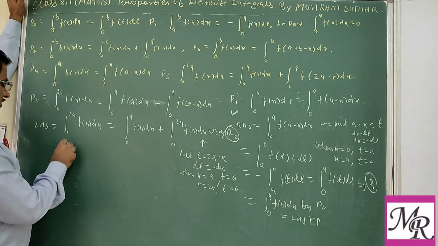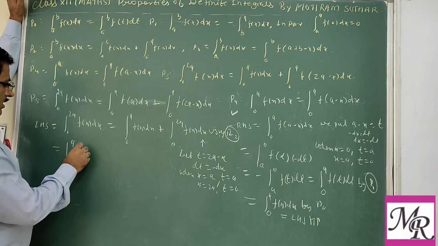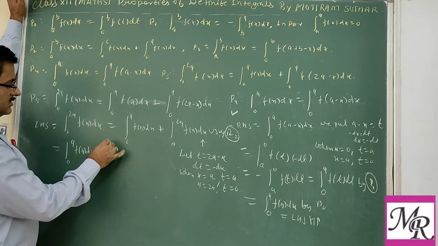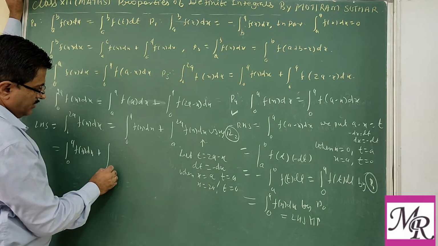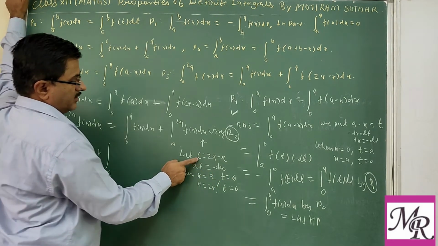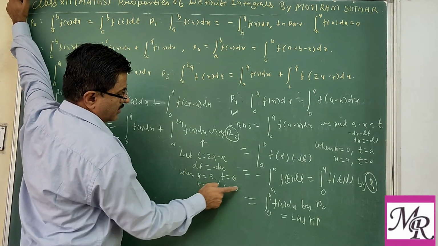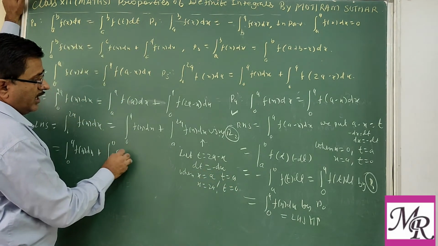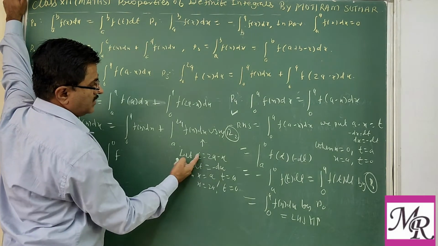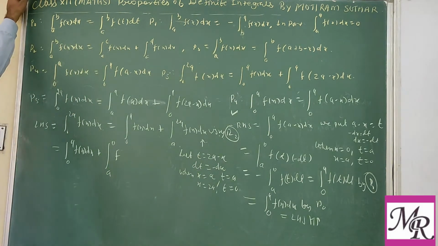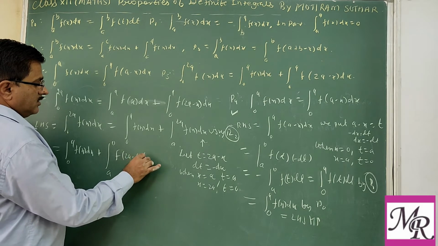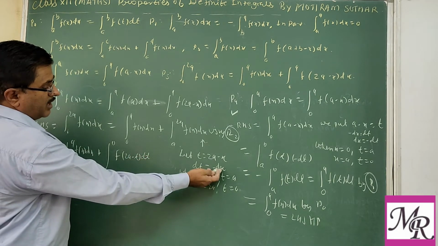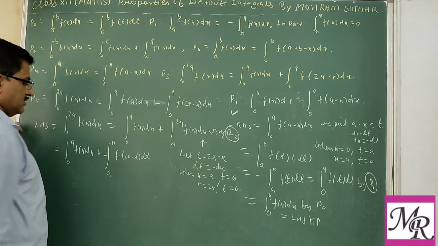So now this can be written as the integral from 0 to a of f(x) dx plus, when x equals a, t equals a, but when x equals 2a, t equals 0, so the limits are a to 0. And x we are replacing as 2a minus t, and dx as minus dt, so this is minus.